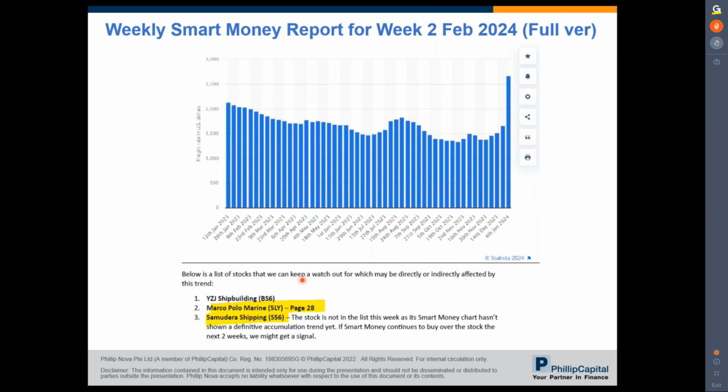And secondly, on the smart money chart as well, there isn't a clear, definite sign of the direction that the smart money has on this stock. So I'm not really looking at it at the moment, but we're just going to pay some attention to what Marco Polo Marine and also Samudera are doing.